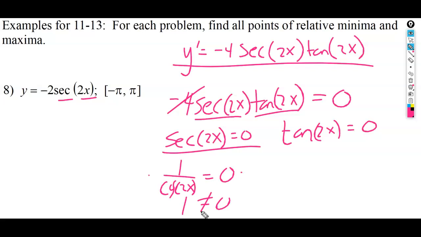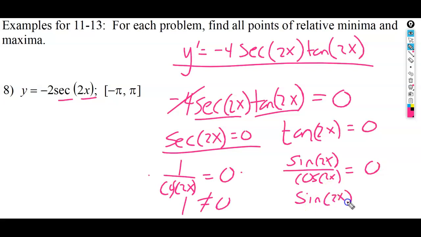Tangent, in case you guys forgot, is sine over cosine, right? So for this one, if I multiply both sides by cosine, I get this.